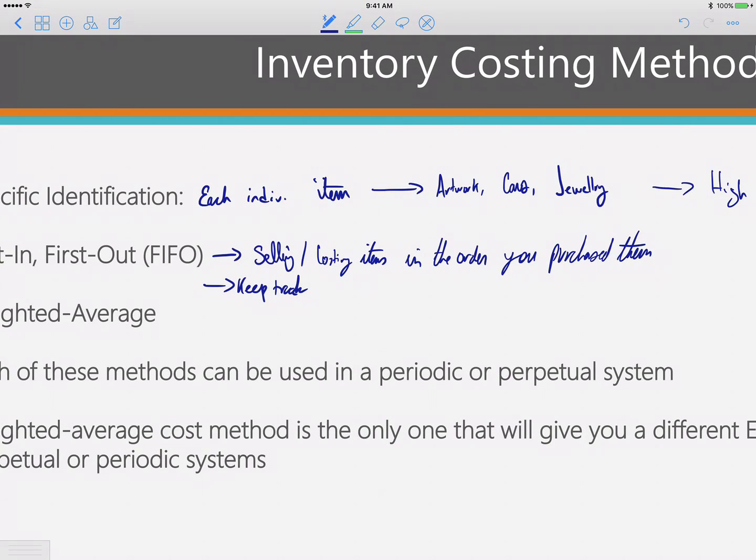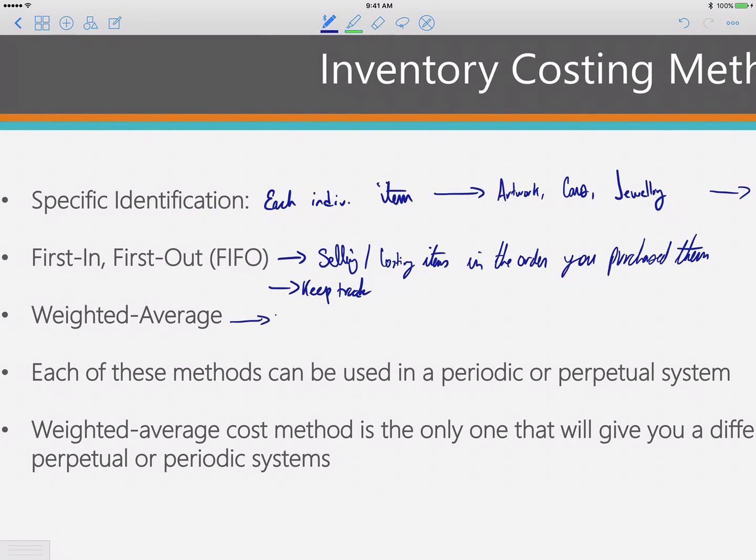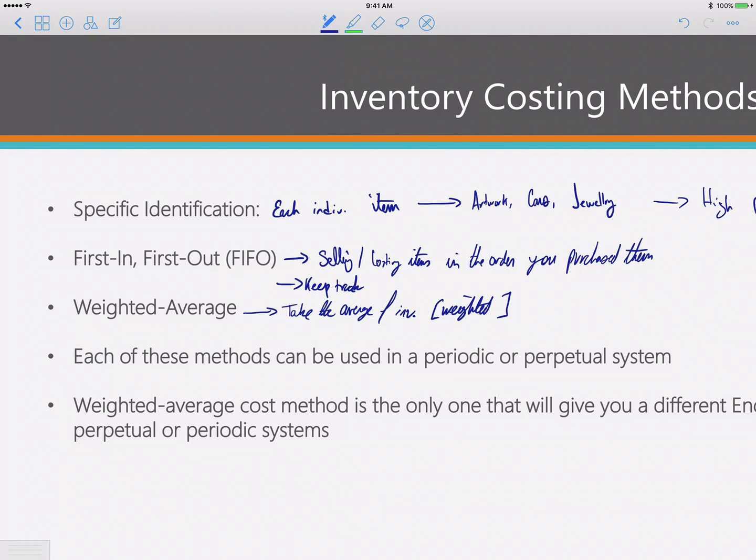And the first item you sell, you're going to give it the cost of the first item you purchased. Under weighted average, you would take the average of the inventory, but it's weighted on the number of units you purchased. And don't worry, we're going to do actual problems to calculate each of these systems, and you'll understand how it works once we've run through some numbers.